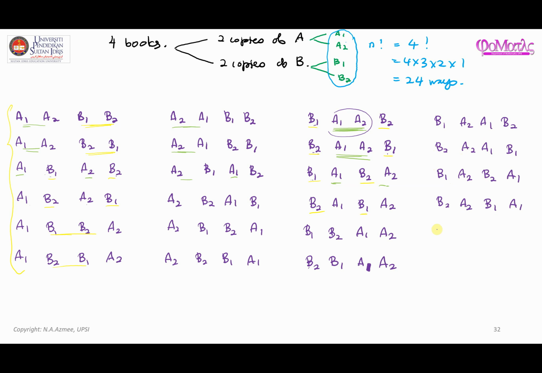Next B1, B2, A2, A1, and B2, B1, A2, A1. So you can see that we've got 24 ways of arranging objects that we assume to be distinctive.